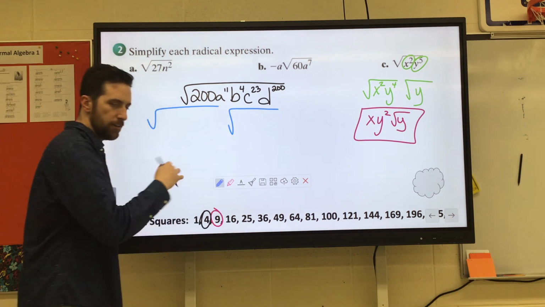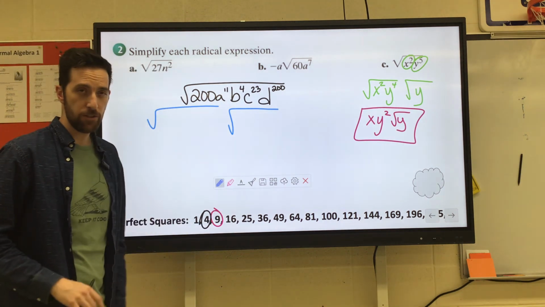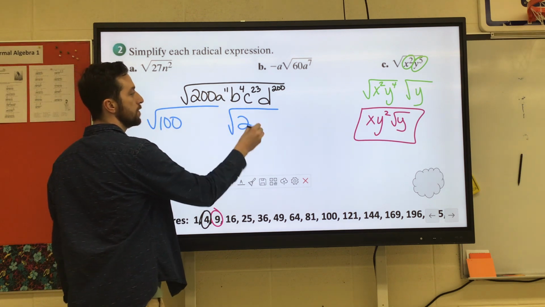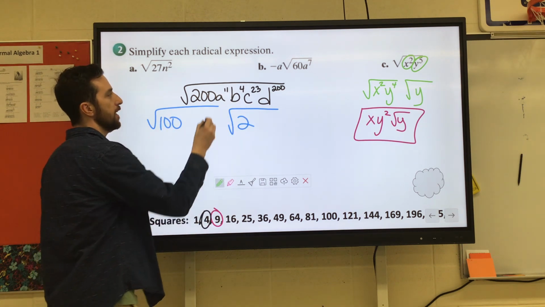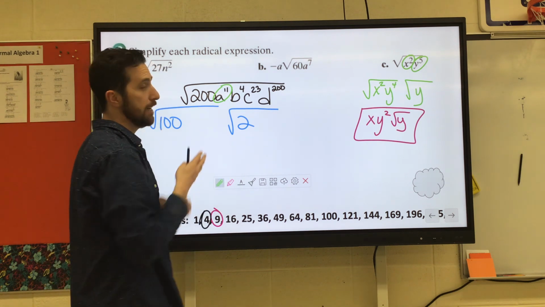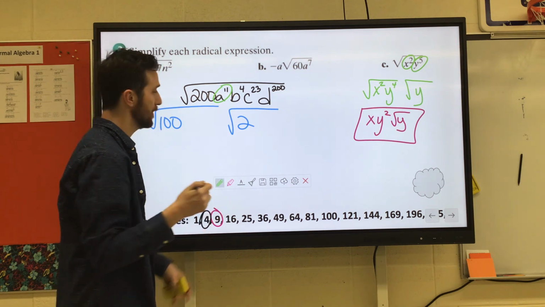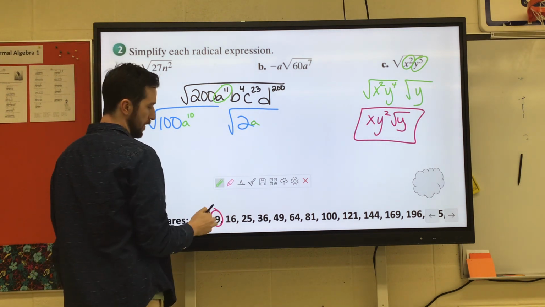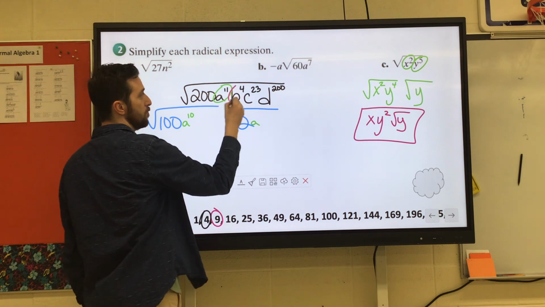We'll put our perfect stuff on the left. A perfect square in 200 is 100. It's 100 times 2. Now let's look at the a's. Remember, it has to be an even exponent for it to be perfect. A to the 11th, how many of those are perfect? 10 of them. And then the one left over goes over here. We look at the b's, it's b to the 4th.